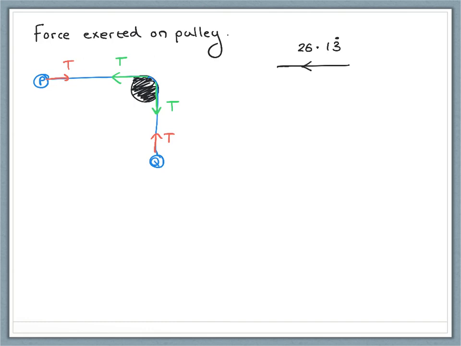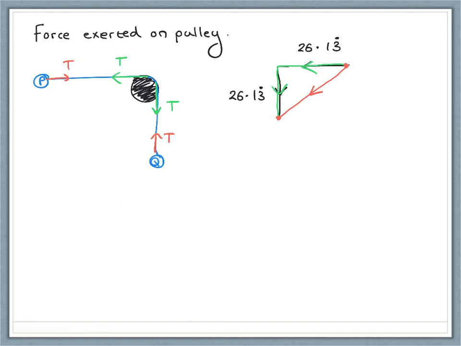And then if I add the other vector force as well, like that, we add them end to end, and the overall resultant force will be the hypotenuse here in our triangle. Think back to the work that you've done on vectors. If you want to know the overall resultant of two vectors, you draw the vectors end to end and then join up the start with the end, and this vector gives you your overall force.